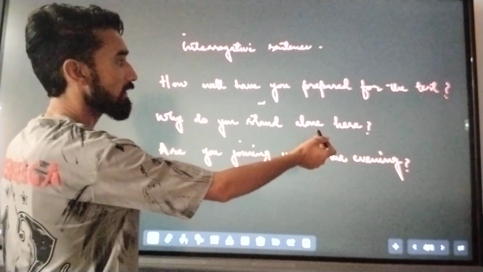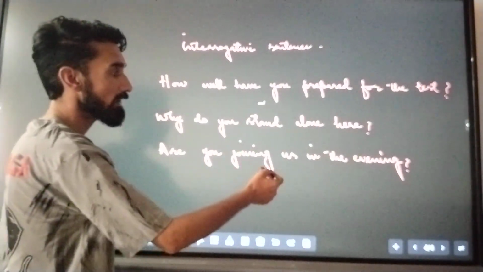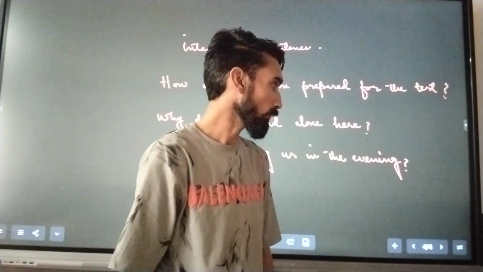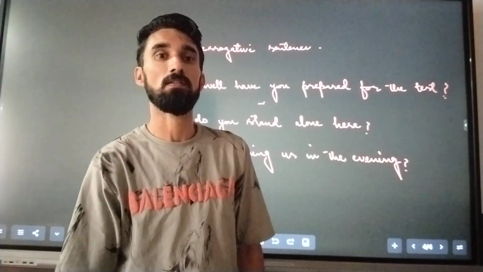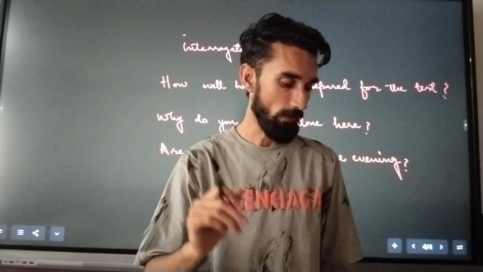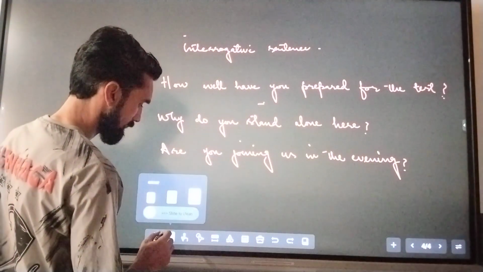Then why do you stand alone here? Again, this is the question. Are you joining us in the evening? So again, this is a question and it needs a sign of interrogation when it ends. Okay. Now, remember one more thing.